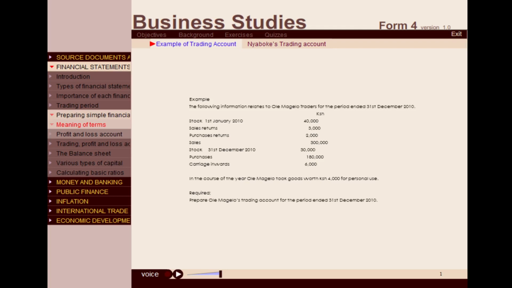Stock on 31st December 2010, 30,000. Purchases 180,000. Carriage inwards 6,000. In the course of the year, Ole Magello took goods worth 4,000 Kenya shillings for personal use. Required: prepare Ole Magello's trading account for the period ended 31st December 2010.